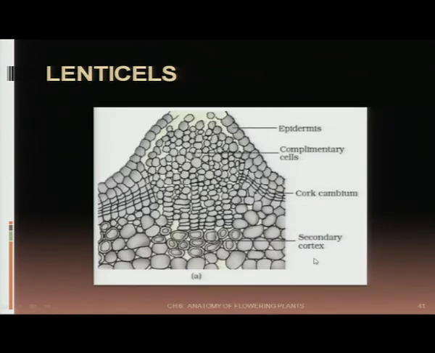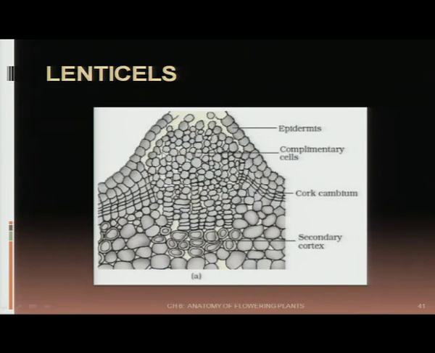These complementary cells give rise to lenticels. The diagram given in your NCERT book is very clear. So, you can see here that the Koch cambium was there. You can note the arrangement of cells, they are rectangular and flat. So, the Koch cambium was there, but somewhere in between complementary cells have been formed.